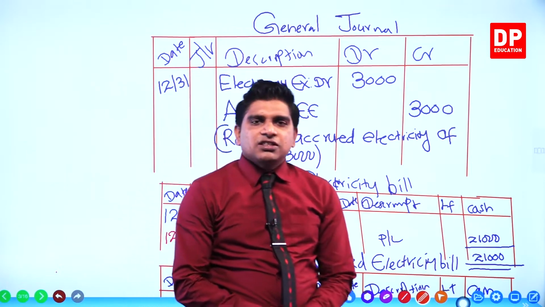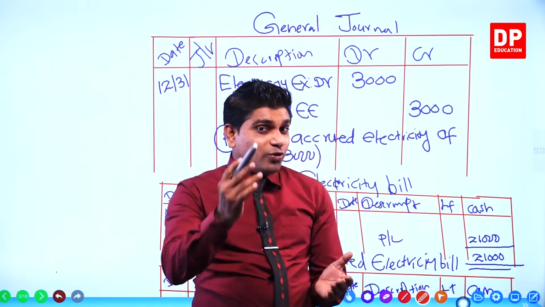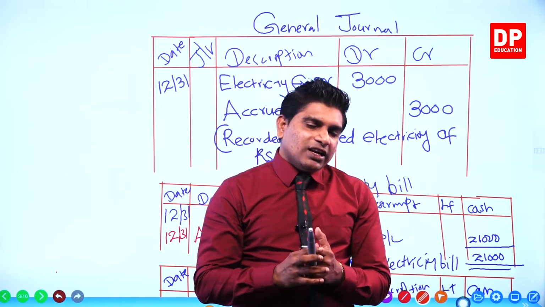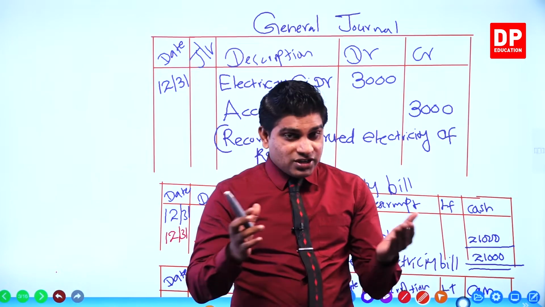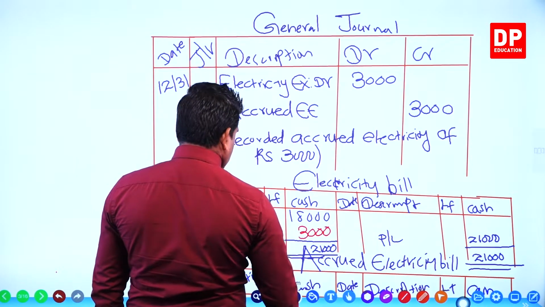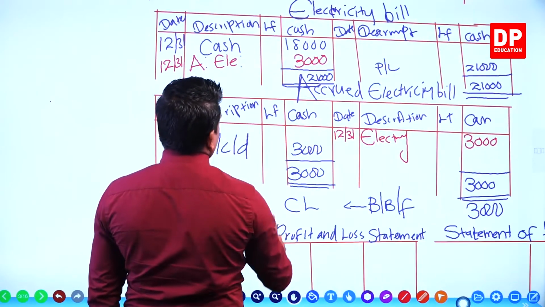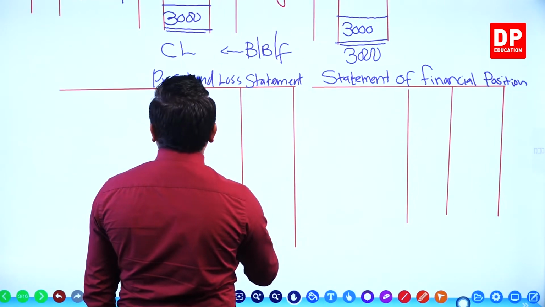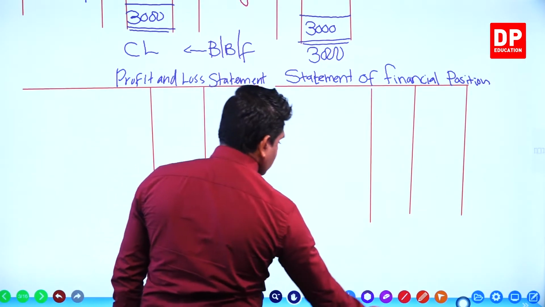It finishes? Still not. We have to do one more thing. What is that? We have to bring the ledger account details to the financial statements, right? How much you write in the profit and loss statement? 21,000. It is electricity. Electricity normally where we record?